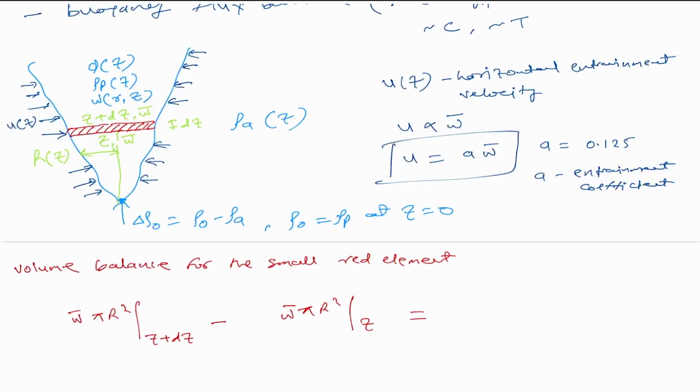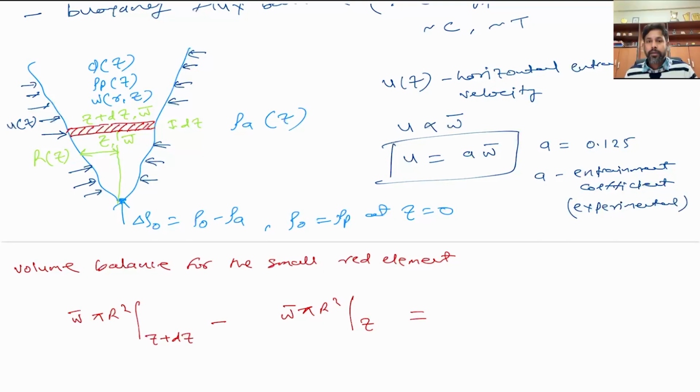This value is found experimentally. So this is how your horizontal entrainment velocity is defined for a plume, and it is considered linearly proportional to the vertical velocity. The ratio between entrainment velocity and vertical velocity is equal to 0.125.